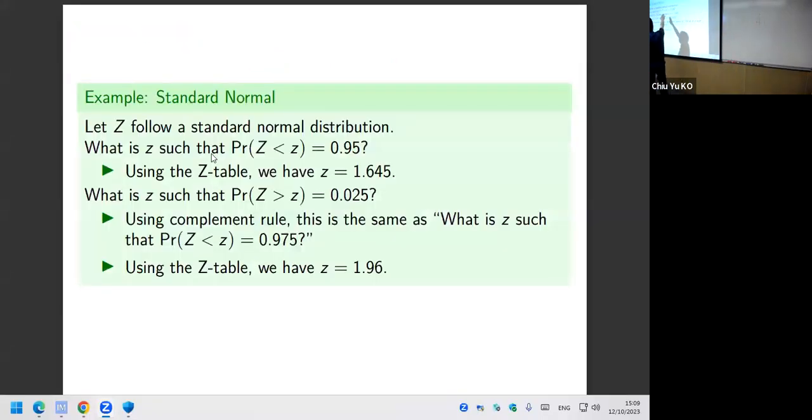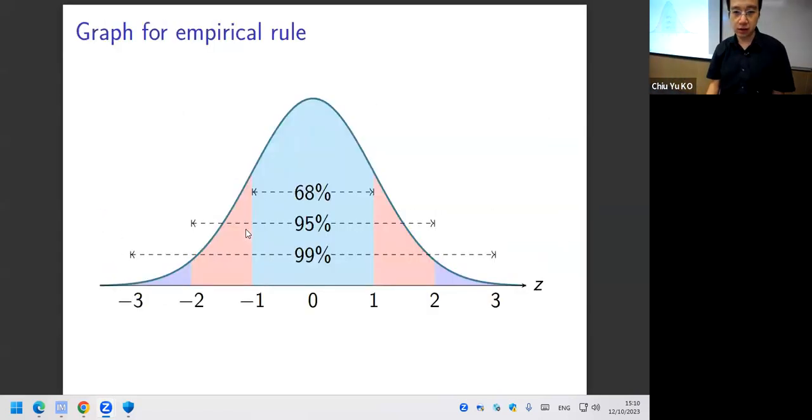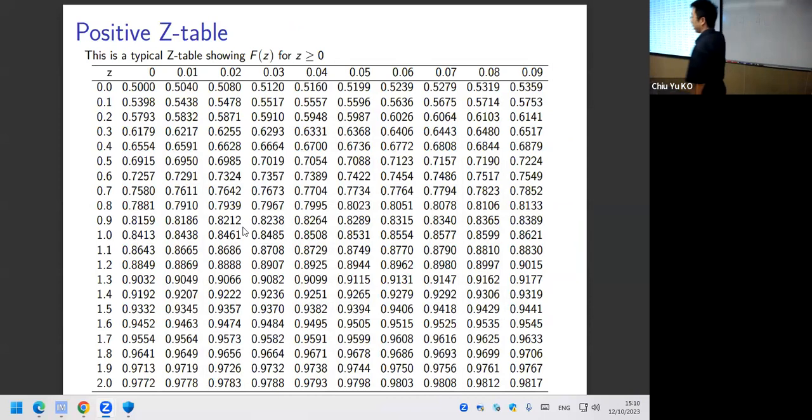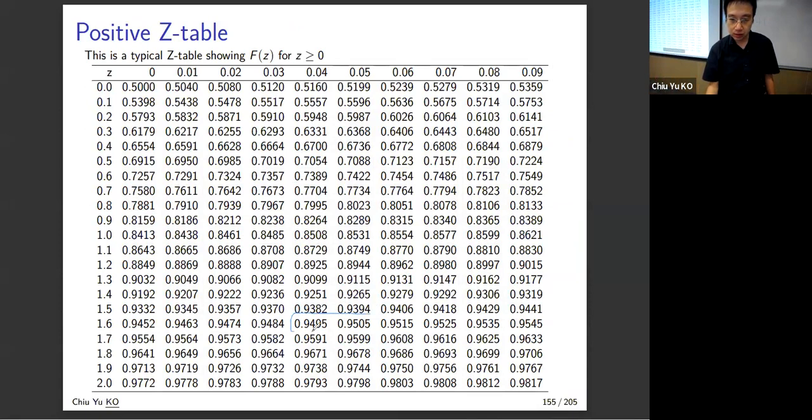What is the z such that the probability of Z less than z is 0.95? Basically just go to the table and look at 0.95. Although the table is huge, look for the number closest to 0.95. It may not be easy to see, but it's somewhere here. I just circle it.